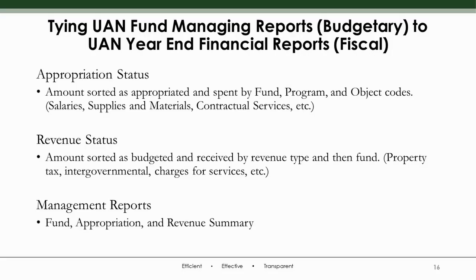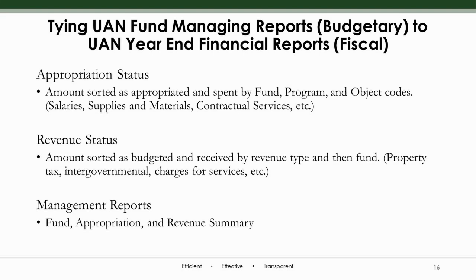And lastly, regarding reports, we want to note that some of the reports that we mentioned can be run in alternative ways. Why? Because these reports can be used by tying UAN fund management reports or budgetary reports that you use throughout the year to the UAN year-end financial reports or fiscal reports, which are statements based upon your cash position at the end of the year.